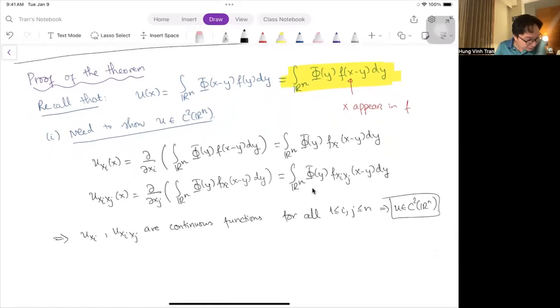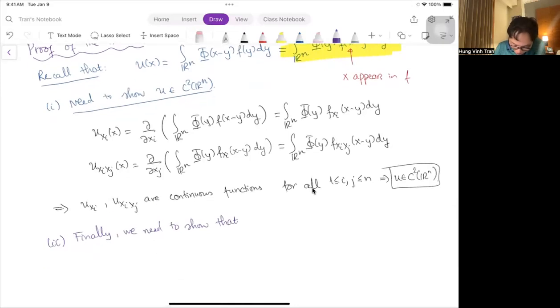Now, the second point, which is actually the main point. This is not easy, but we need to show that u is now C2, so we can differentiate twice, and minus Laplacian of u of x equals f of x in R^n.